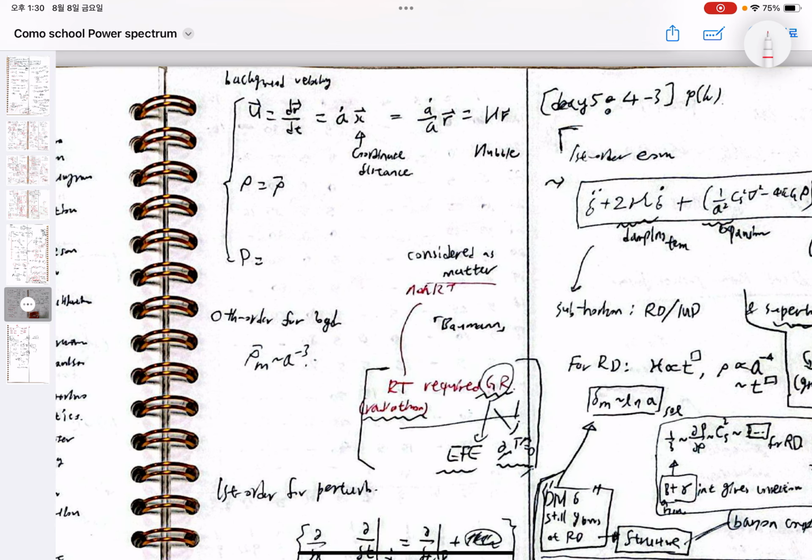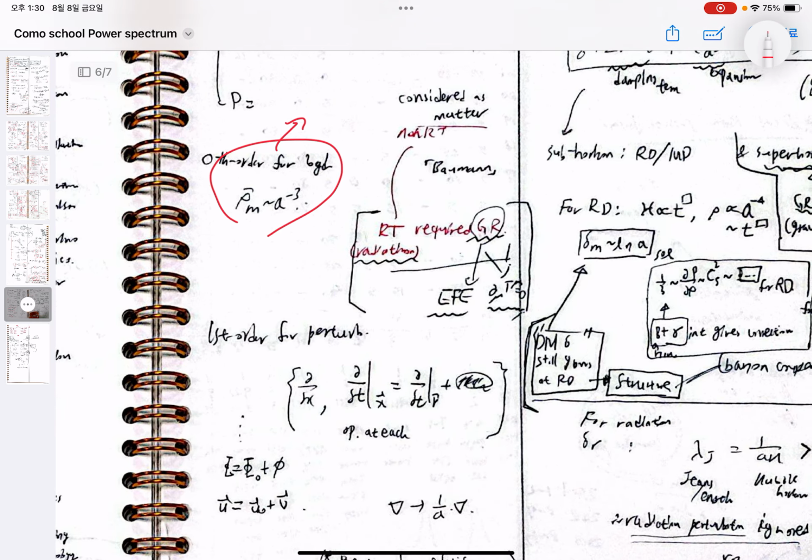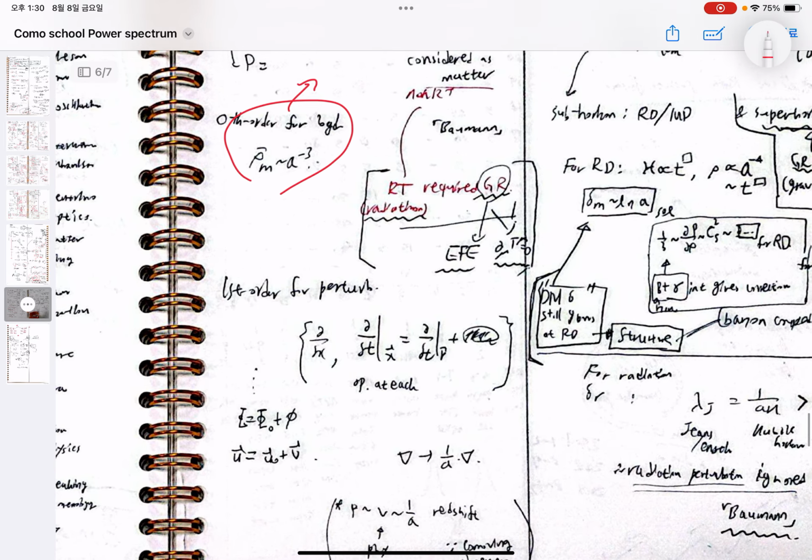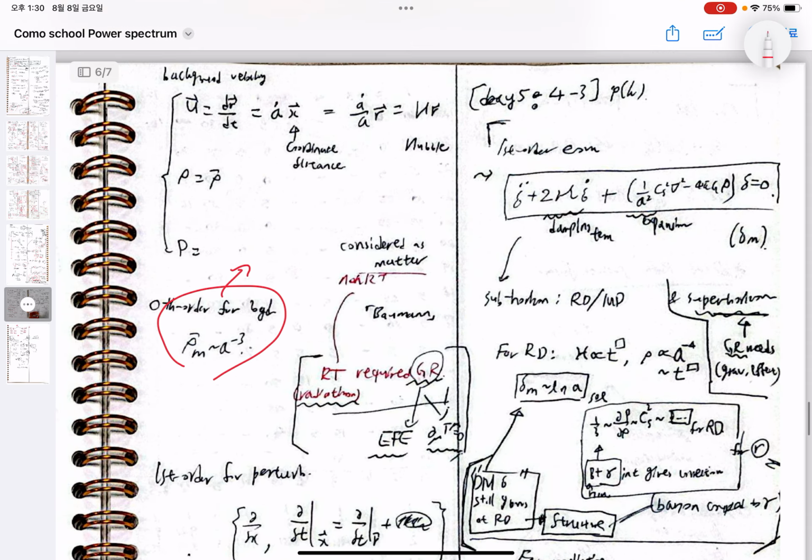First of all, we can calculate this using the Friedmann equations, and for the first-order perturbation, we show that the equation of motion includes the damping term and the expansion one. But such a classical result without general relativity is only valid for matter and sub-horizon cases. For radiation and super-horizon cases, it requires general relativity with gravity.